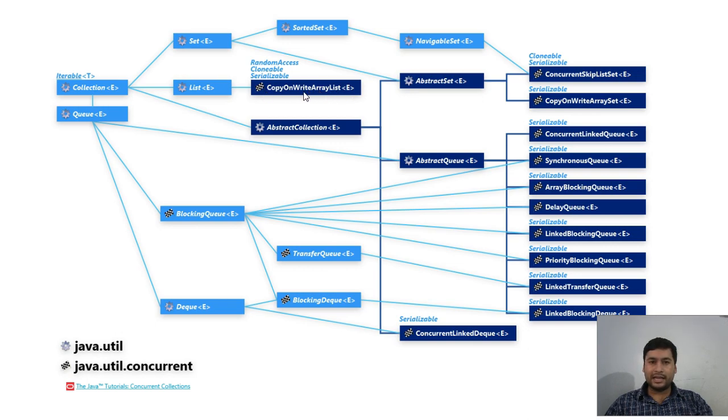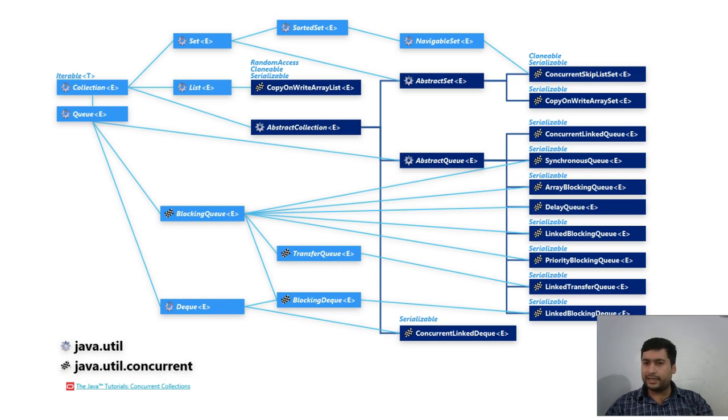With the help of that you can maintain random access, cloneable, serializable, all those things. If you want ConcurrentLinkedQueue to maintain the queue functionality, you can take this one, it will also give better performance in a multiple threaded environment.